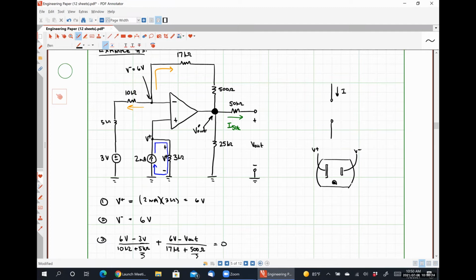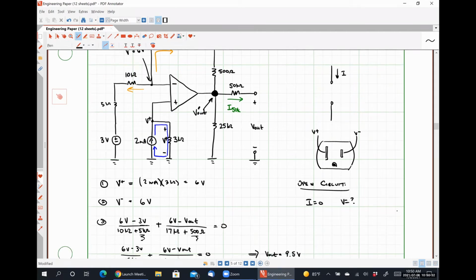So just to reiterate, for an open circuit, I is equal to 0. V is whatever it happens to be based on the rest of the circuit.